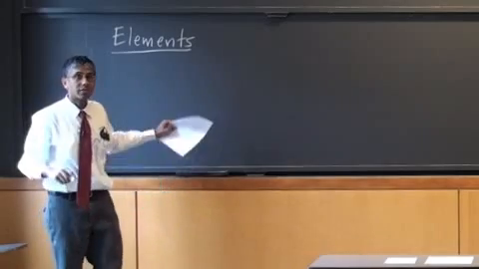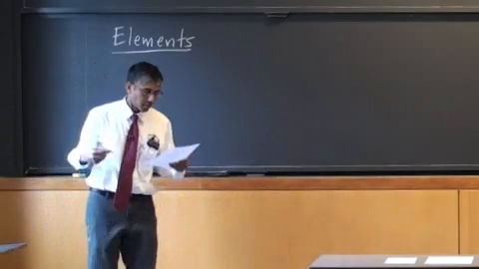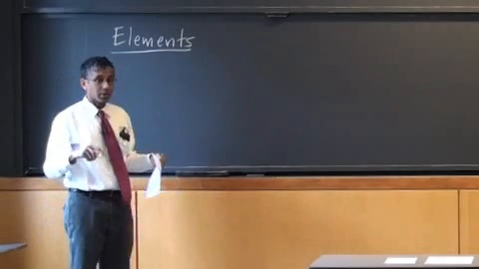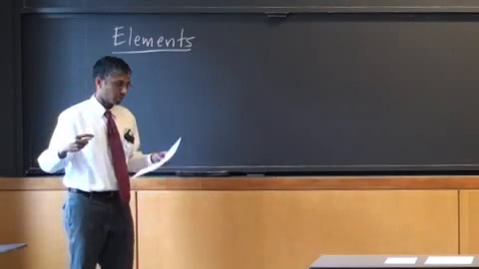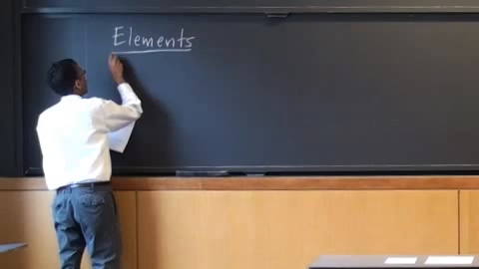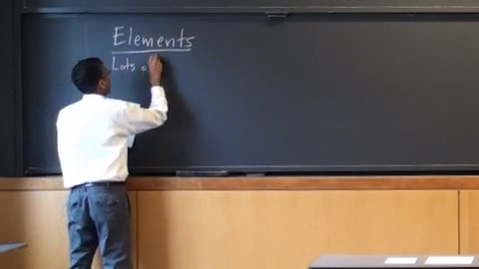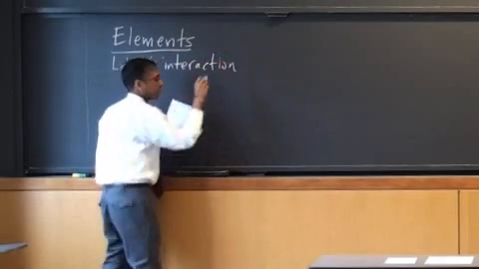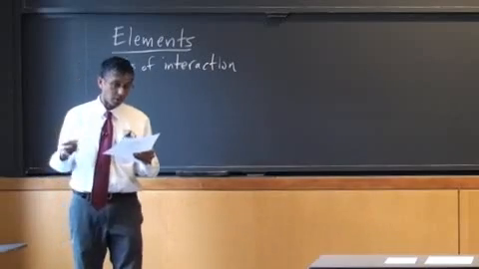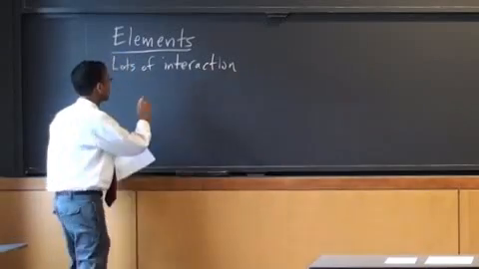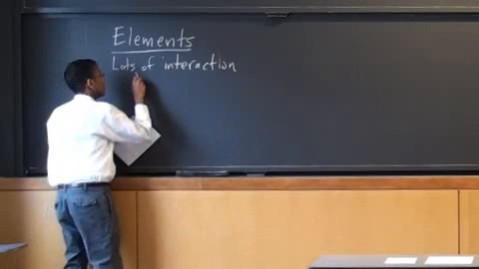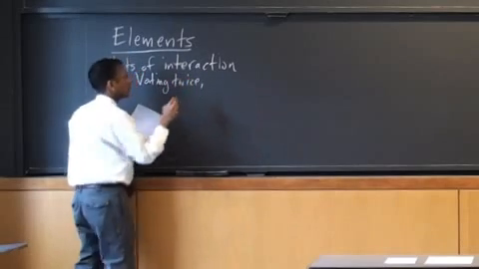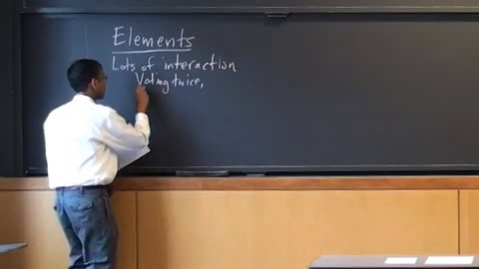So on the left side, I'll list the elements. For example, there was lots of interaction. You were talking to each other, you were asking questions. In fact, you weren't just asking questions, you were voting. So voting twice, discussing.